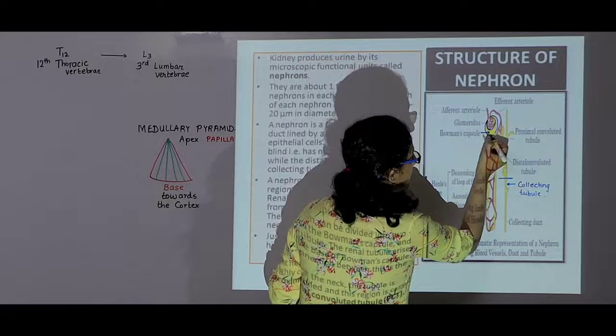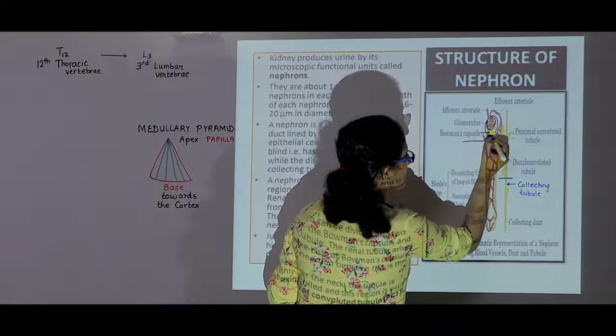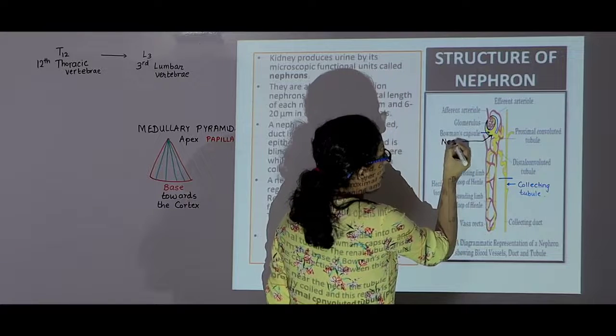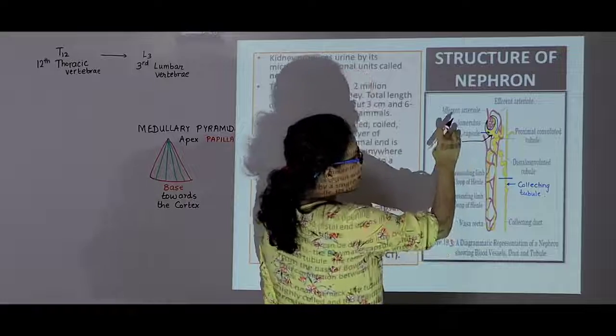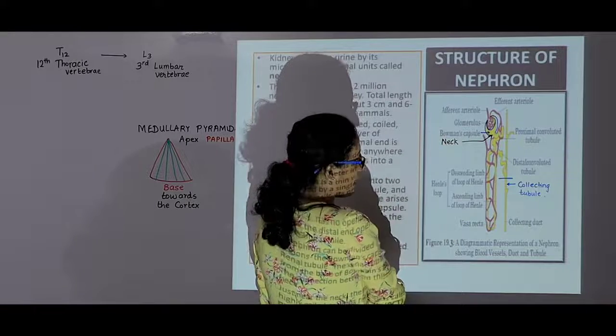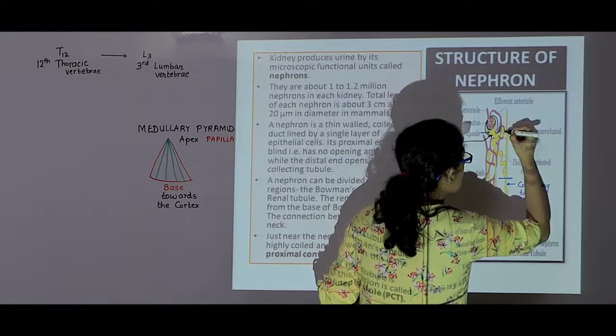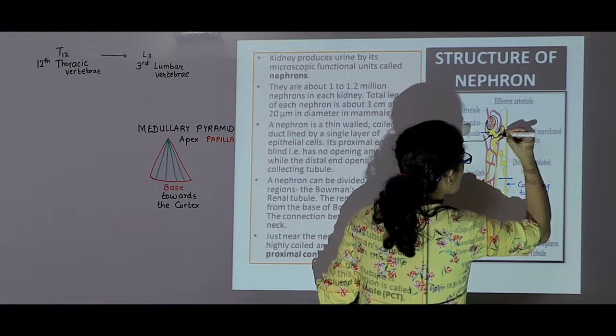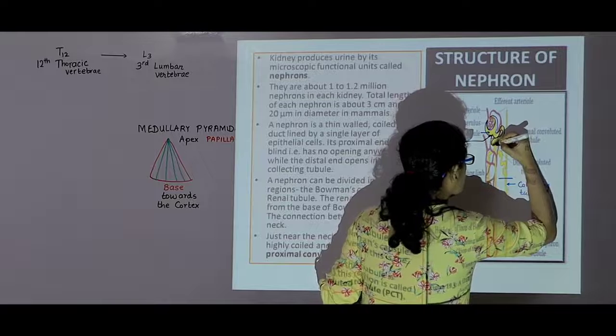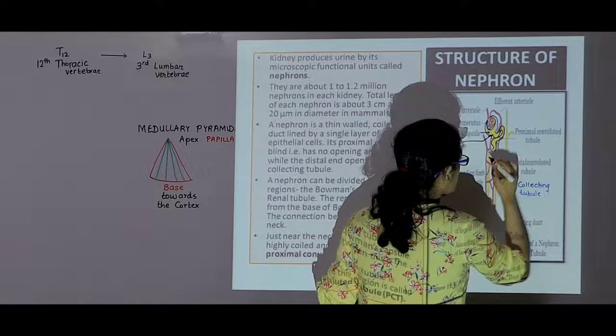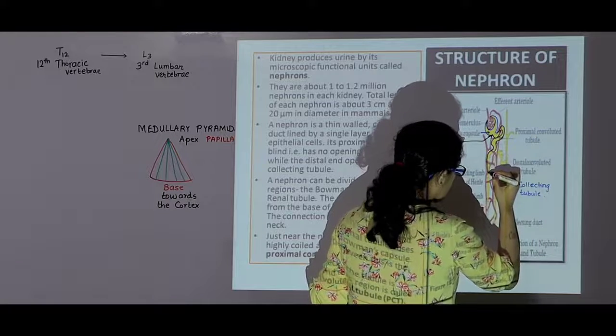Here there is a small neck, the junction of the Bowman's capsule and the rest of the nephron, and after that, can you see this? The part which I am drawing now is the renal tubule.